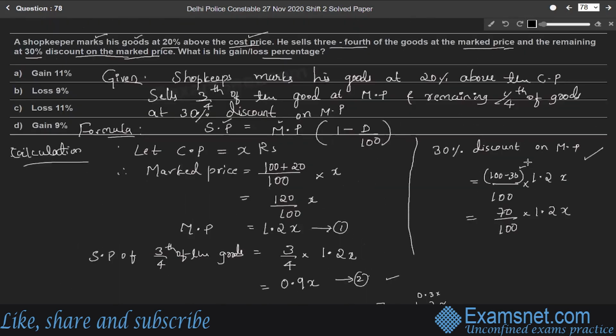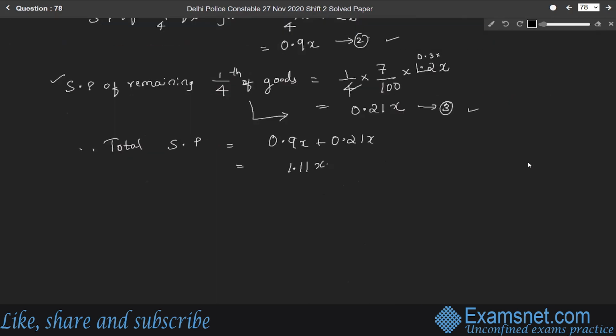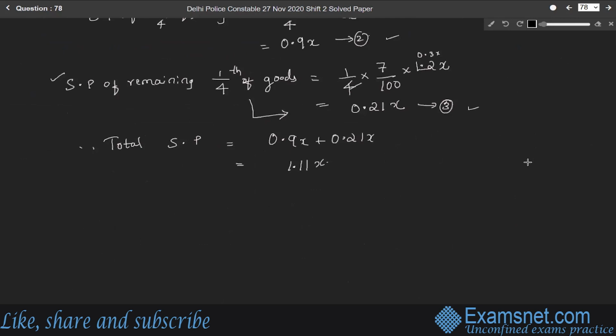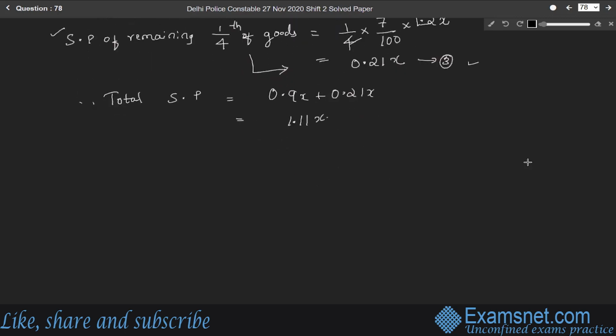Let us start with the first step: let cost price be X rupees. Here in the last step, selling price is 1.11X. So selling price is greater than cost price, right? Therefore, profit or gain is equal to selling price minus cost price, which is 1.11X minus X, which is 0.11X.